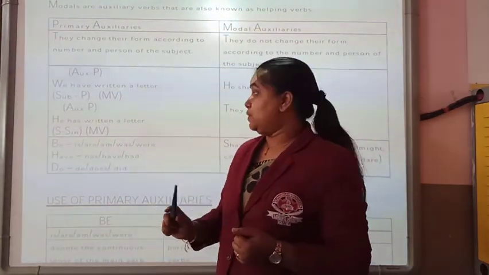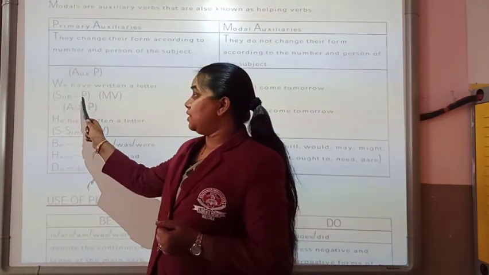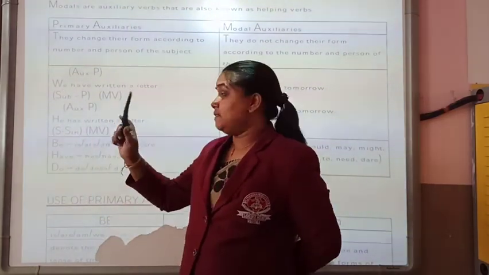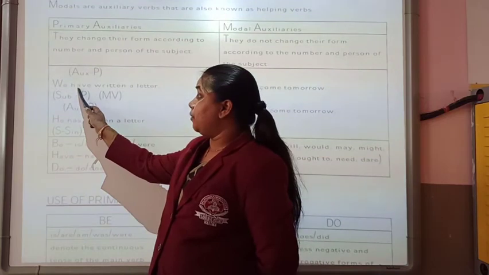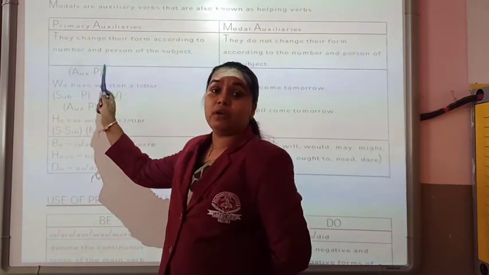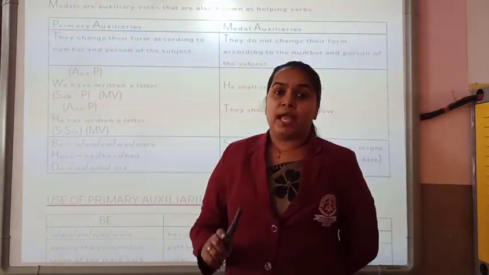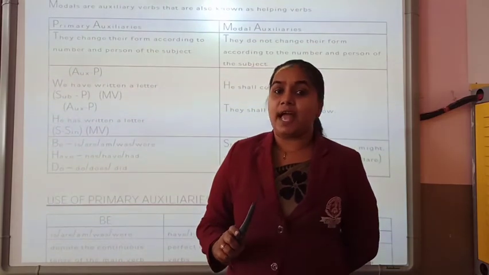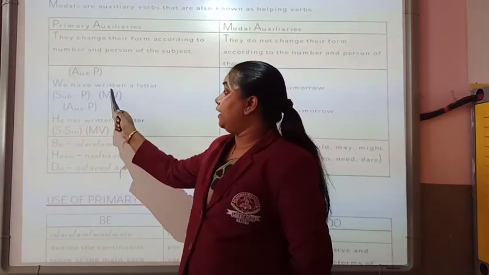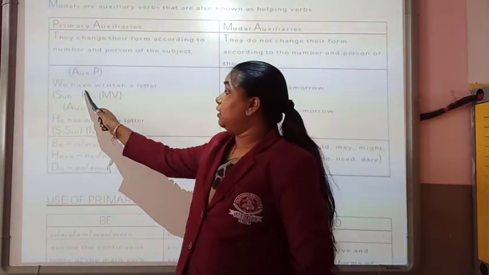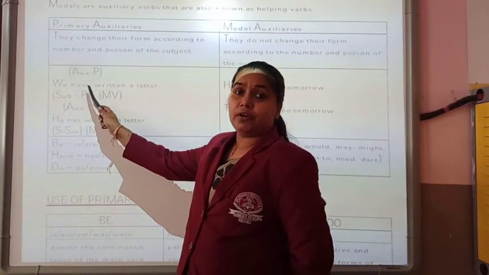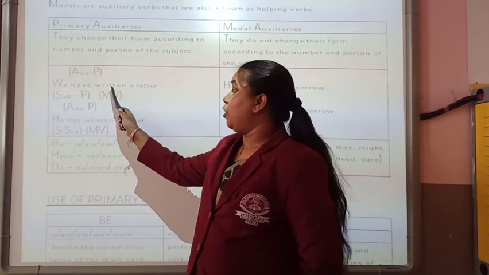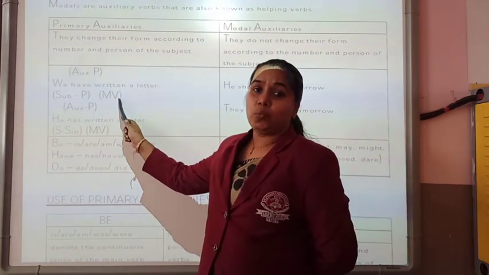Now, let us clear this with an example: we have written a letter. So what do you observe here? We, the subject, is in the plural form. That is why my auxiliary verb have is also in the plural form. Have is the plural form of has. Then written: after the primary auxiliary verb, it is followed by the main verb.